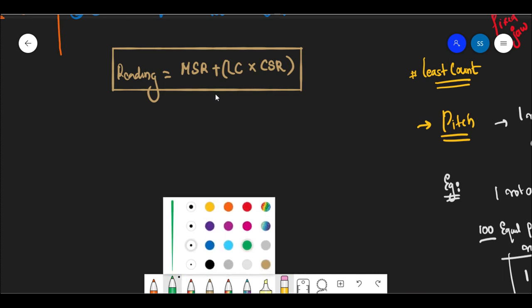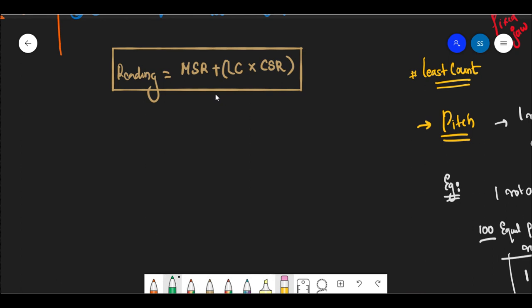And similarly, when you look at the types of errors, guys, I could explain that. But before that, let me just give an example on how this works. Let's say this is my screw gauge, and let's say I just kept something over here. I have to find the diameter of that thing.